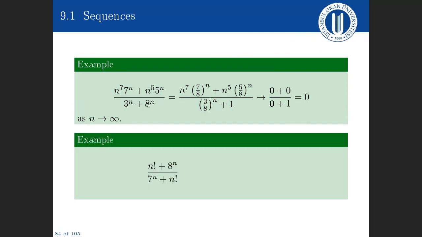Another one: n factorial plus 8 to the power n divided by 7 to the power n plus n factorial. So question for you, which of these terms is dominant? N factorial, 8 to the power n, or 7 to the power n?